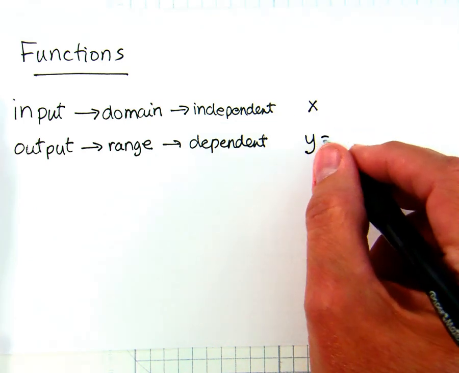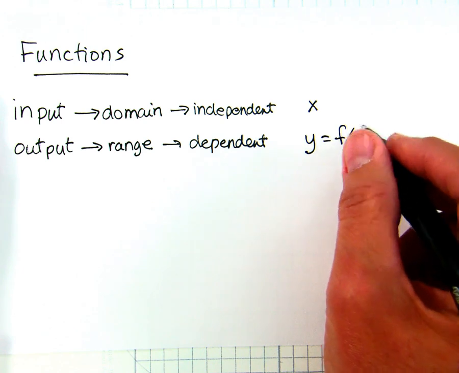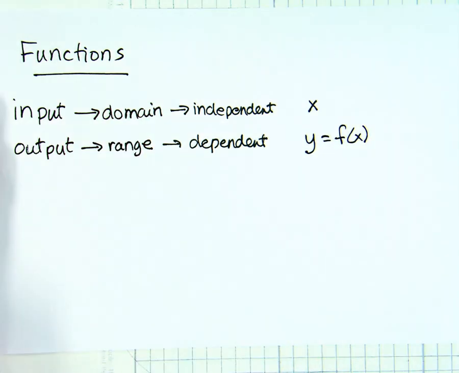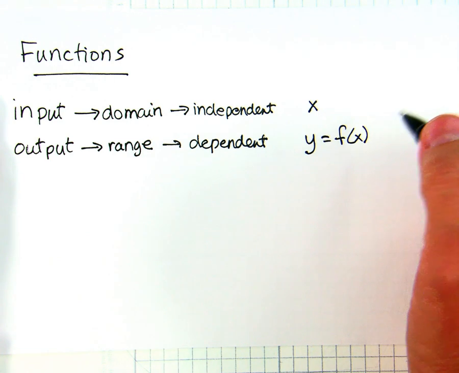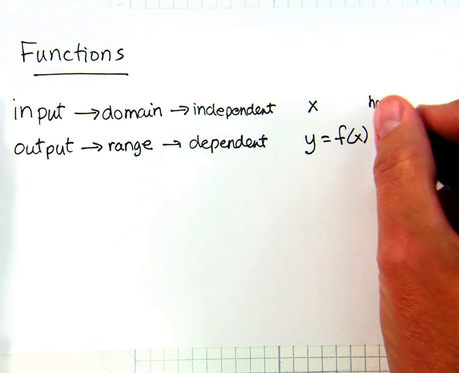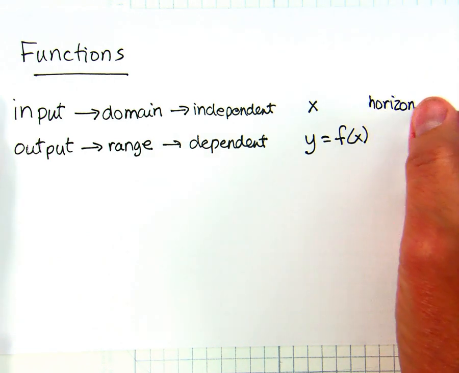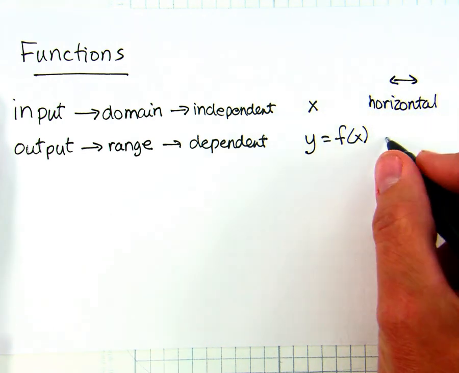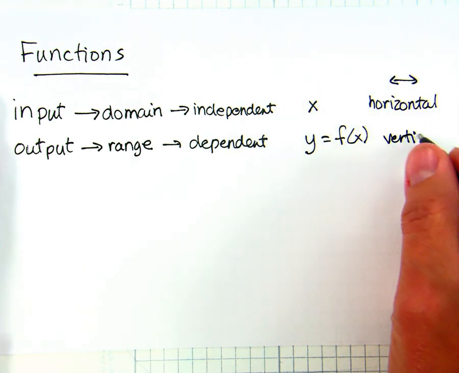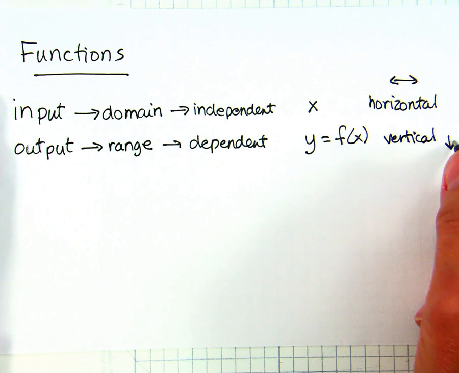Sometimes the y will also be called f of x, or the value of the function at x. The x value, of course, on a graph is represented on the horizontal axis, this way, and the y on the vertical axis, up and down.